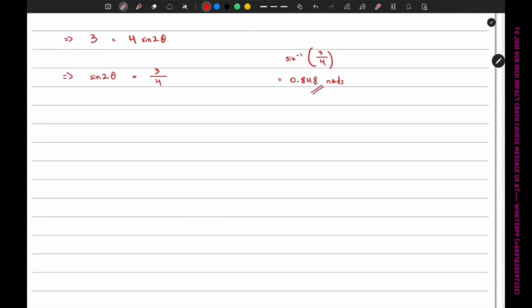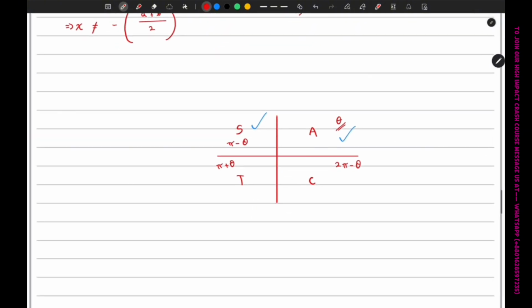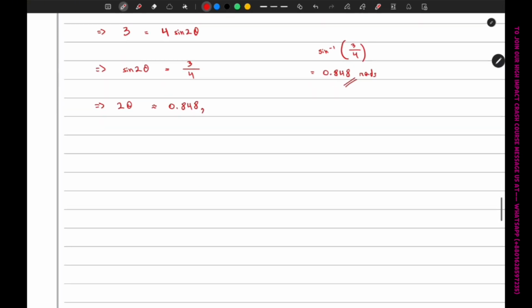So the value of 2 theta is equal to 0.848, and the other solution will be pi minus 0.848. So pi minus 0.848 gives us a value of 2.294.